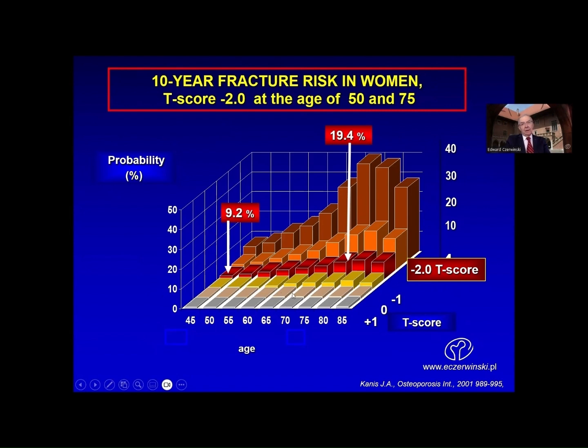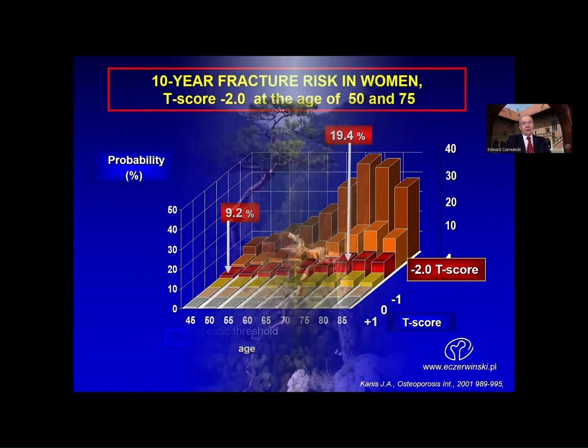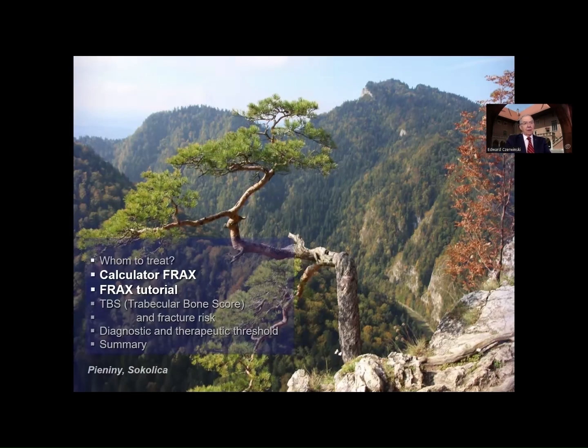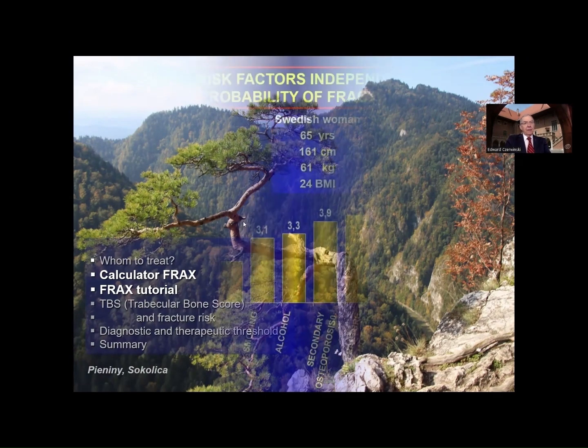But in a lady who is 76 years old, her fracture risk is 19.2%. Why is it? Because we have various fracture risk factors, and we have absolute fracture risk, taking into account various risk factors. And this is why the FRAX calculator was established.